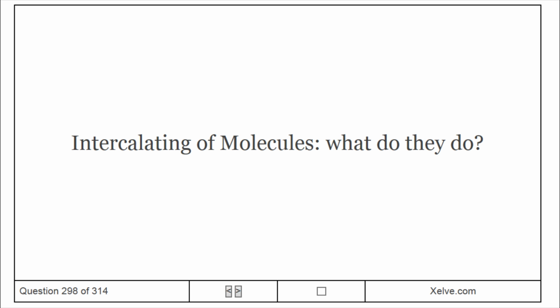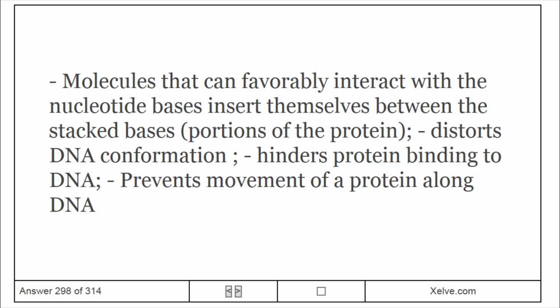Intercalating molecules. What do they do? Molecules that can favorably interact with the nucleotide bases insert themselves between the stacked bases, distort DNA conformation, hinder protein binding to DNA, and prevent movement of a protein along DNA.